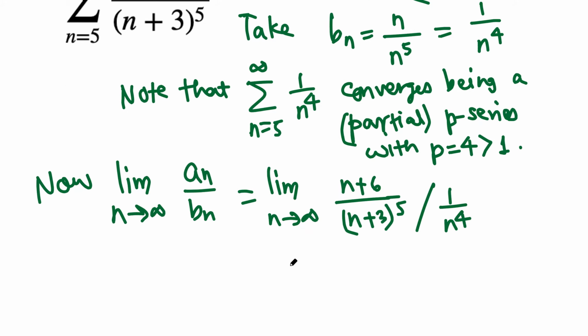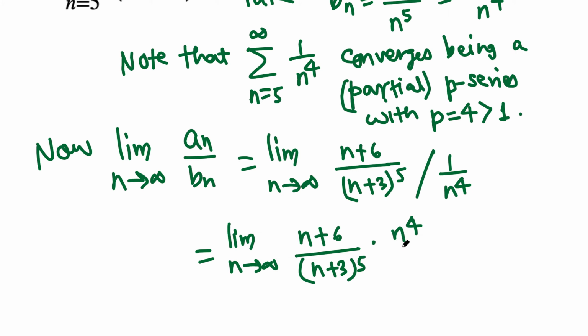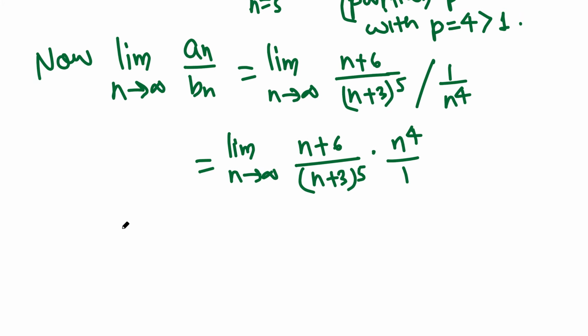Let's change this division into multiplication. So (n plus 6) over (n plus 3) raised to 5, times, this division into multiplication means we need to flip this fraction, n to the 4th over 1, which is the limit as n goes to infinity of, since this is a limit at infinity, only the leading terms matter. We don't have to multiply throughout.